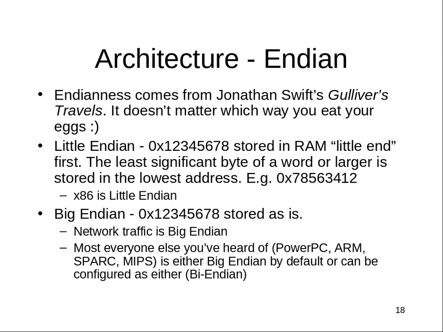Although some architectures are called bi-endian, which means they can flip their endianness. They can't make a decision, but they do one or the other. They don't take the middle road. They don't crack their egg in the middle.